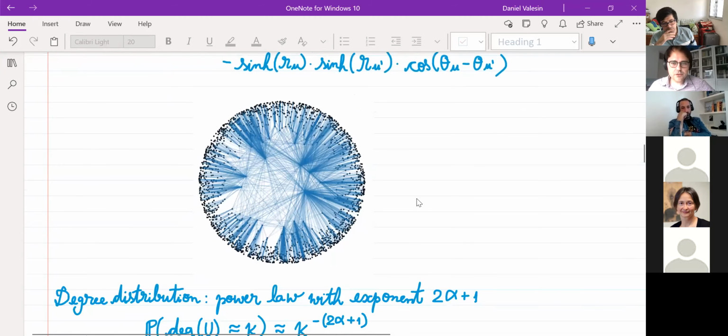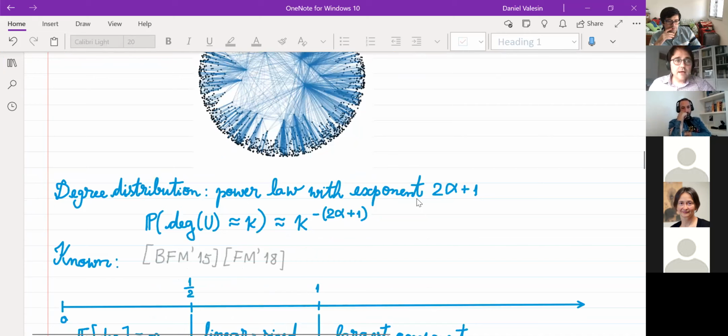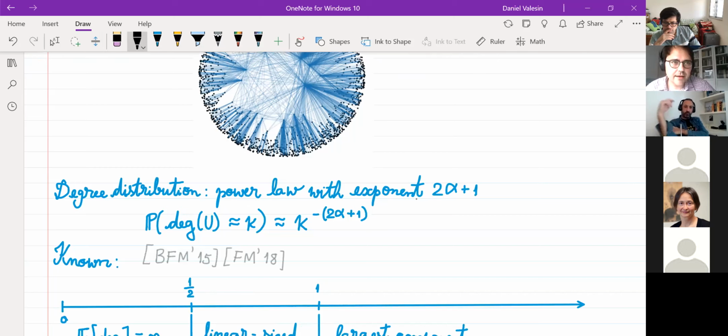So some things that are known about this graph, and I should speed up a little bit, I see. Some things that are known about this graph is that the degree distribution is given by a power law with exponent 2 alpha plus 1. So alpha is this parameter that I mentioned, which is positive.